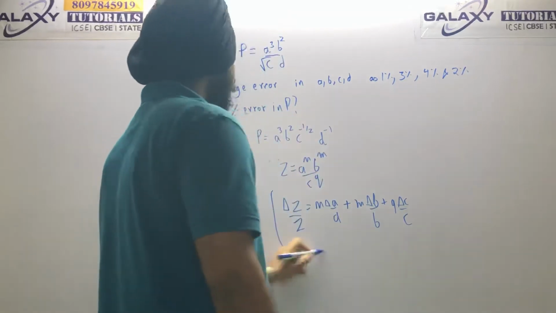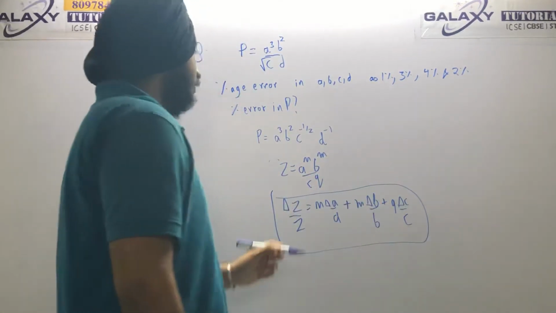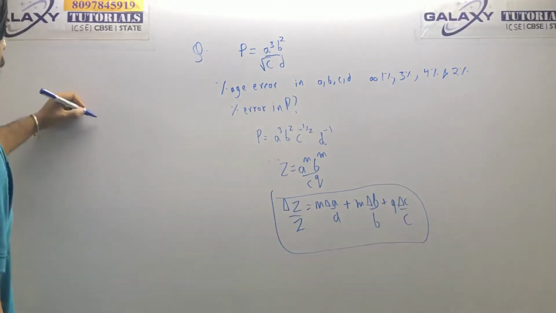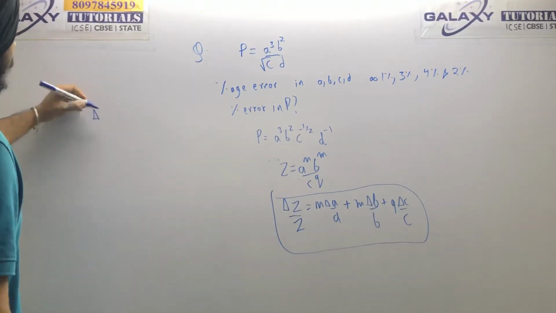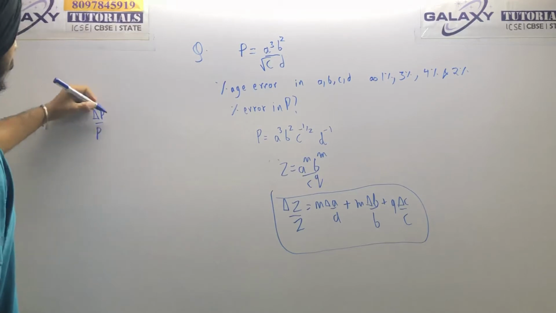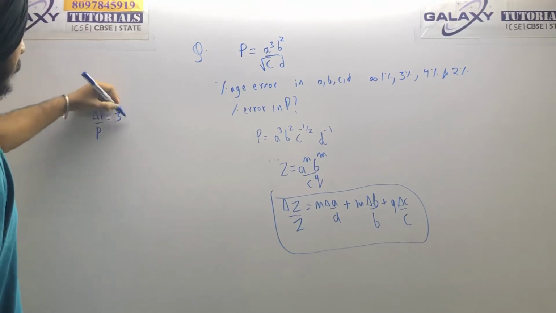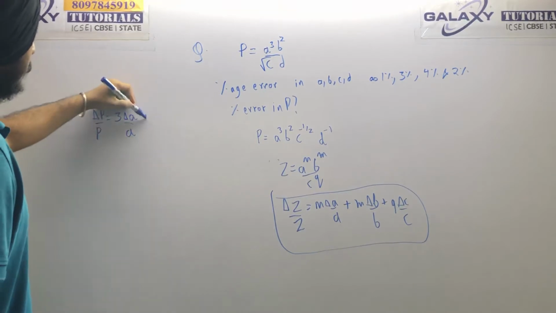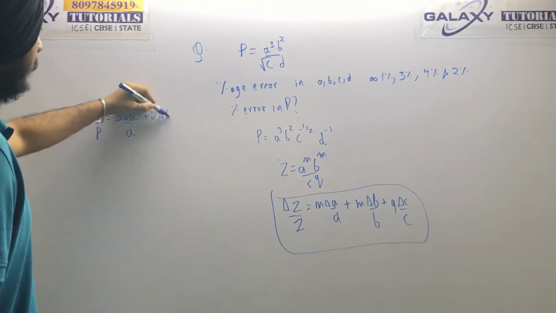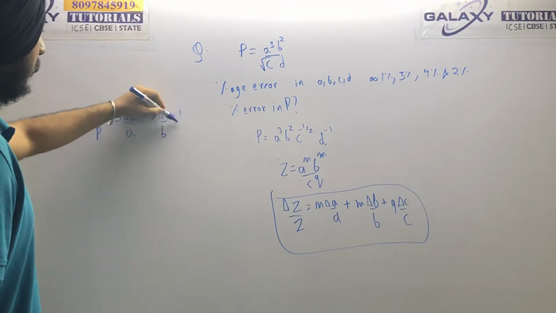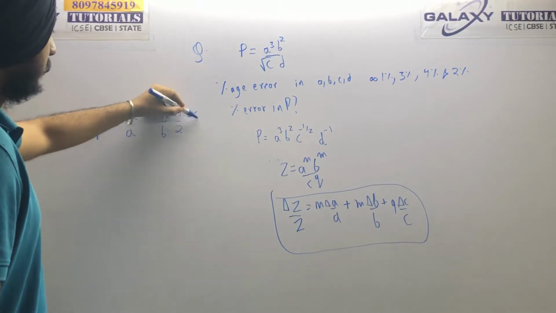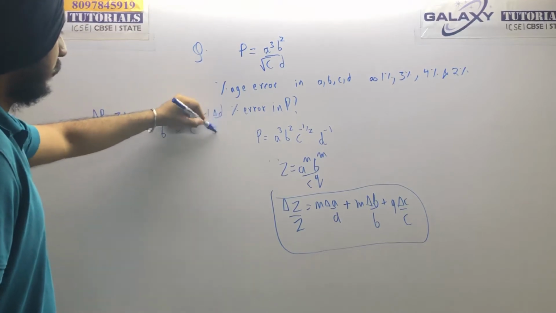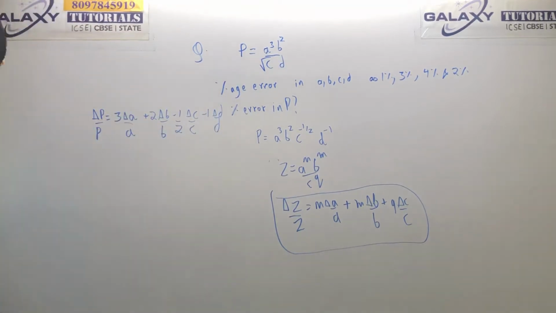This is the formula that you will use. So just look carefully at this question. We will write: delta P upon P is equal to 3 delta A upon A plus 2 delta B upon B minus half delta C upon C minus 1 delta D upon D. You will write like this.